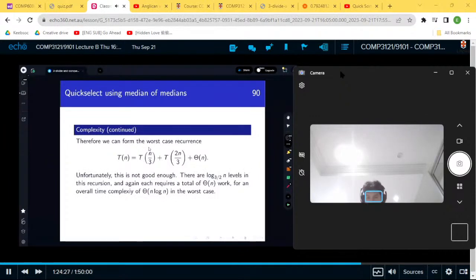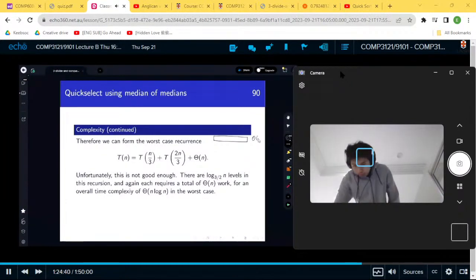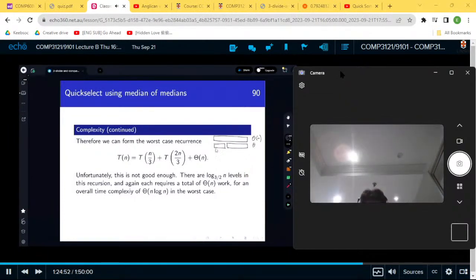We have an array of size n, and we need big theta of n time over here. And then we chop it into 1/3 and 2/3. The running time that we need at this level is also big theta of n-thirds plus 2n-thirds, because we still need to go through both parts of this chopped up array. So the running time is still big theta of n.